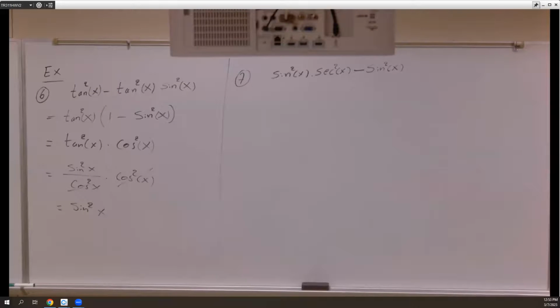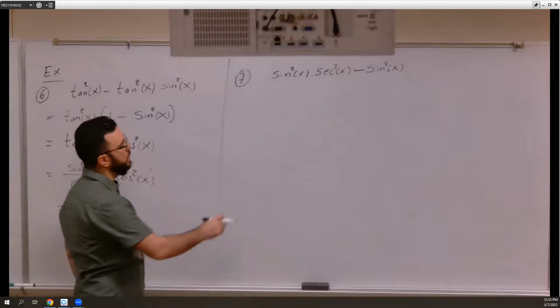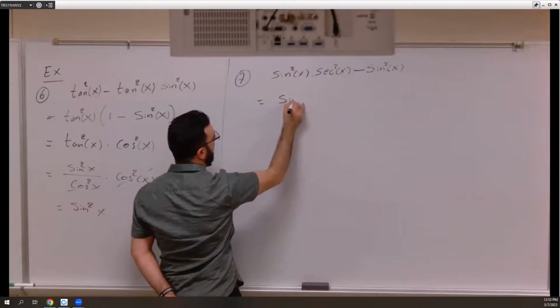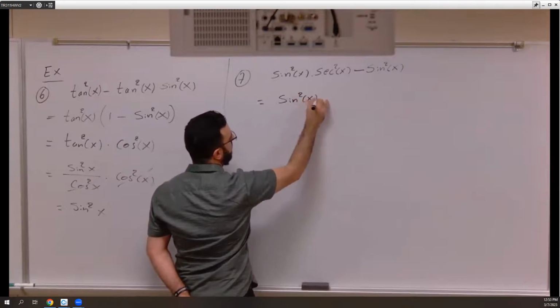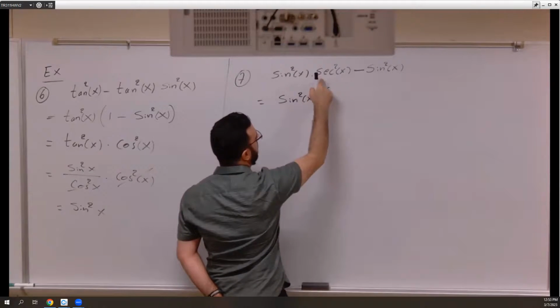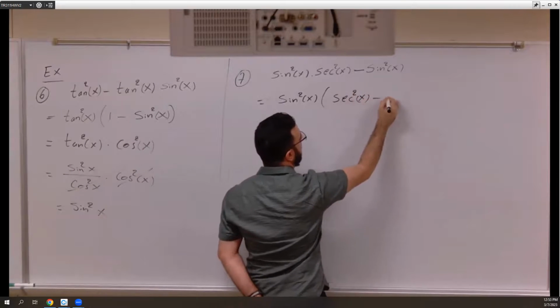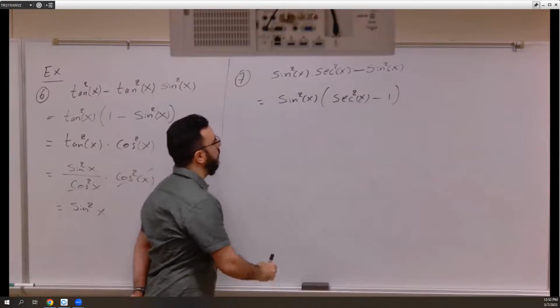So sine square x is common between this part and this one. That means I'm going to take sine square x to the left, secant square x minus 1. Now, what's the next step?